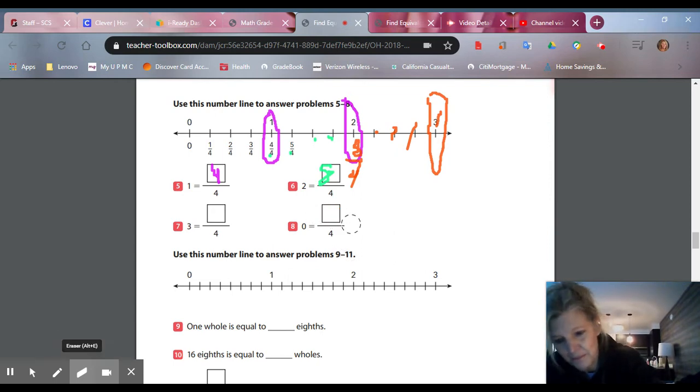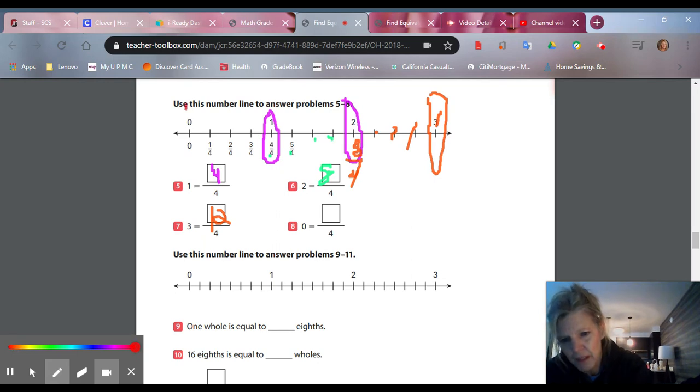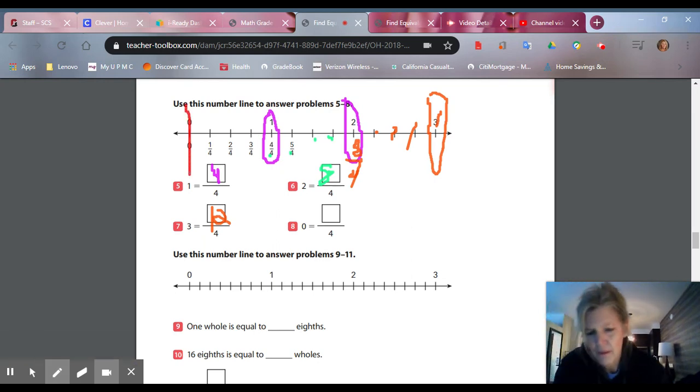Number 7. 3 is 12 fourths. Number 8. 0 is how many fourths? 0. Well, where is 0 on the number line? 0 is right here. How many fourths are there in 0?